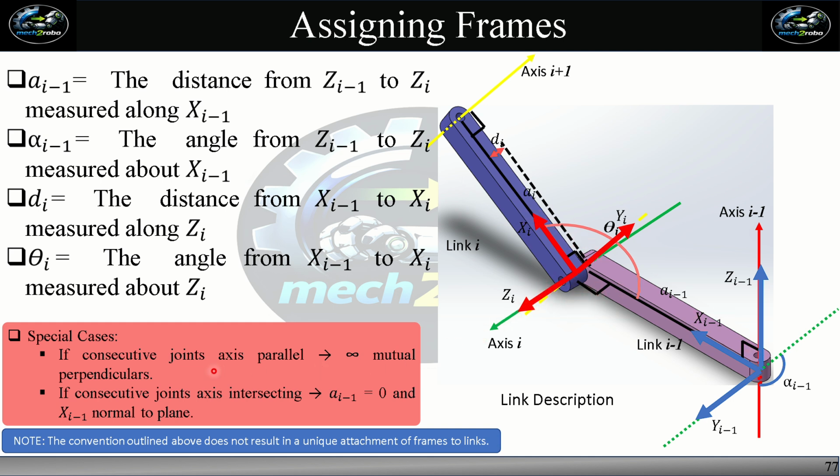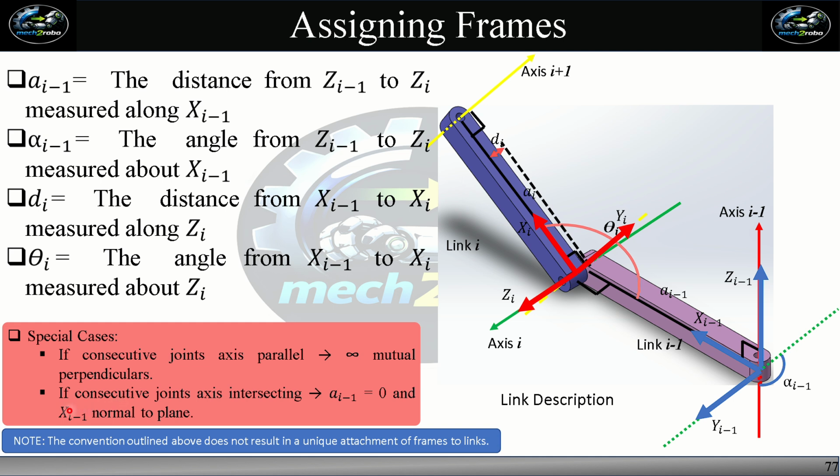In special cases, if the consecutive joint axes are parallel, meaning the axis z i minus 1 and z i are parallel to each other, then we have infinitely many mutually perpendicular distances, since all lines are mutually perpendicular.